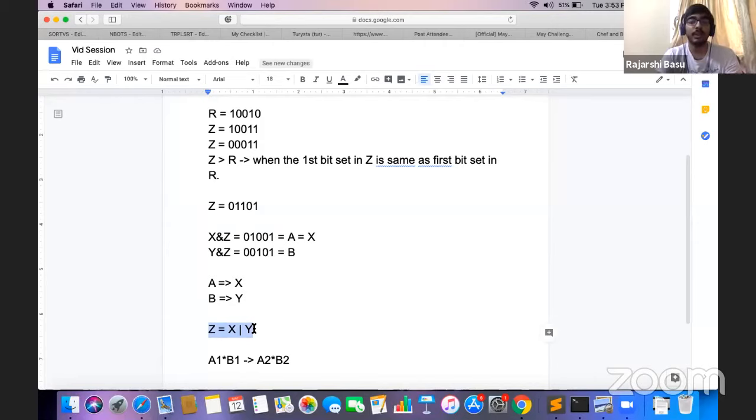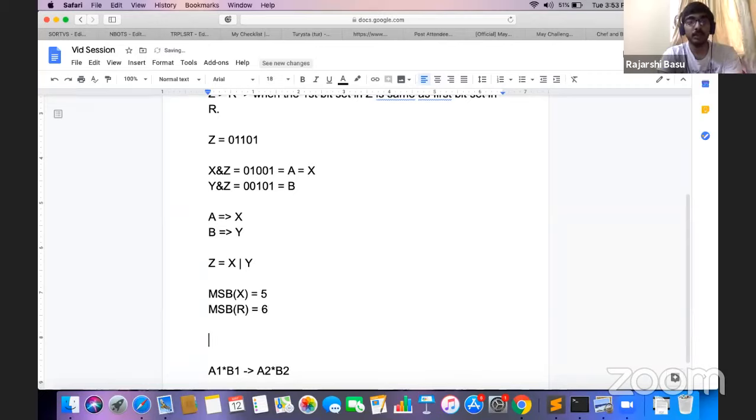Now, again, this will not go beyond R because R has a set bit that is more significant than the highest, like the most significant bit in X or Y, right? Because if the MSB of X, let's say it has the 5th bit set, then MSB of R will have the 6th bit set always, right?